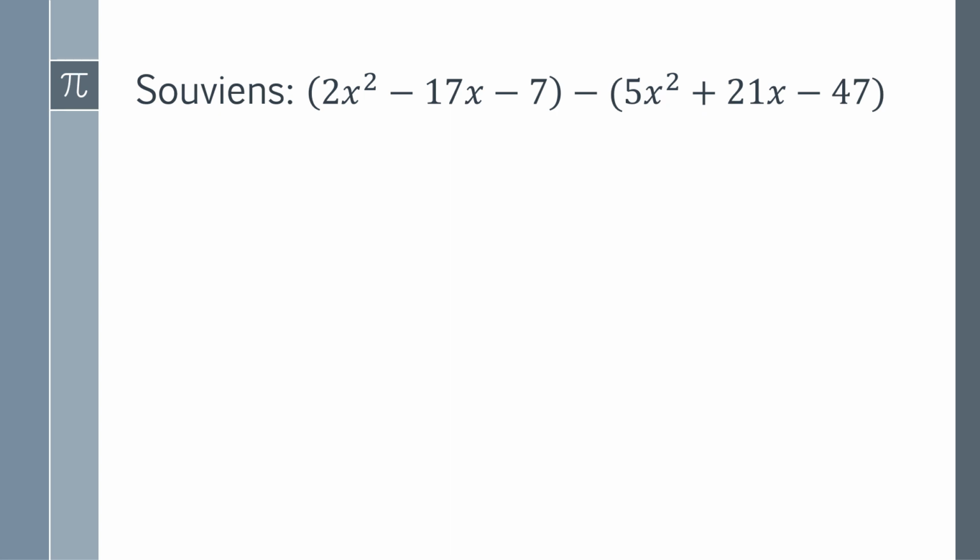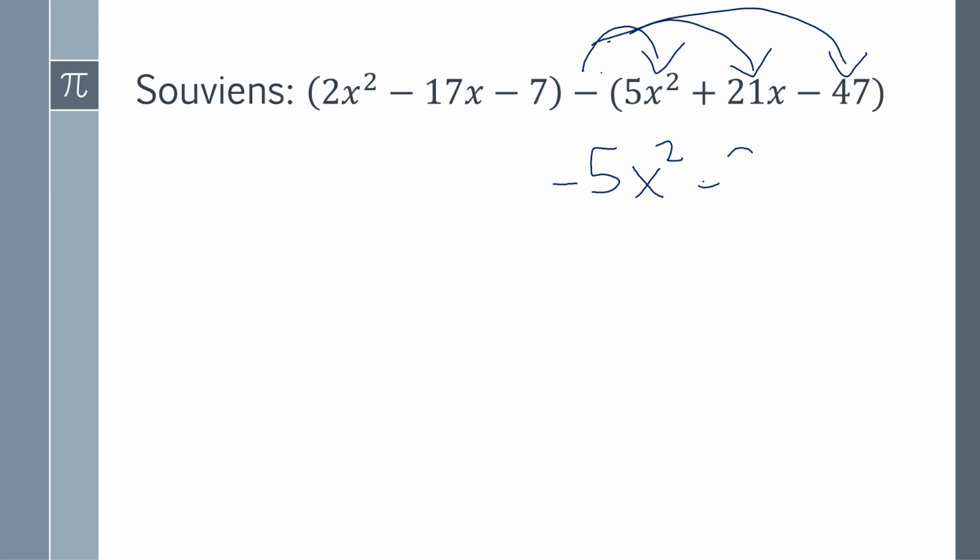So to do that, remember, when you see this negative sign, apply the negative rules and distribute your negative sign here, here, and here, which makes that negative 5x squared. Why does it become negative? Positive times negative is a negative. And then here you get a negative 21x because positive times a negative is a negative.